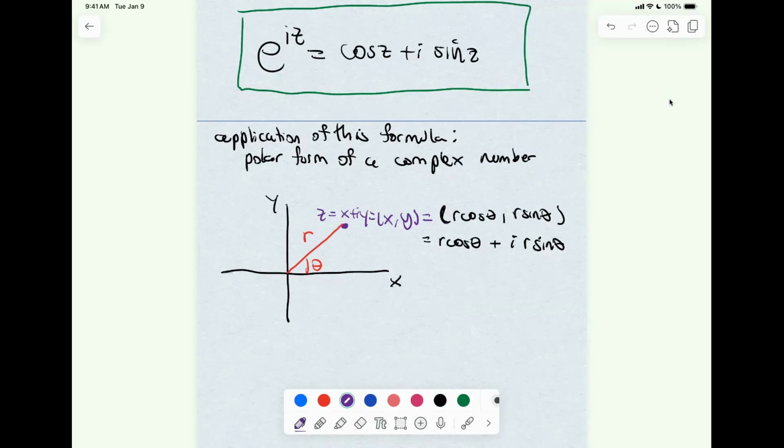It's completely the same. And the advantage of doing it this way is that you can factor out an r. So you get cosine of theta plus i sine of theta.